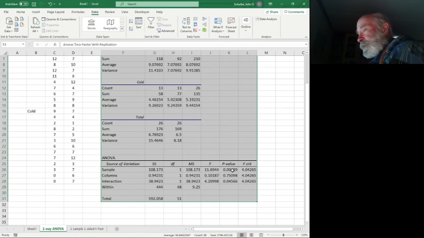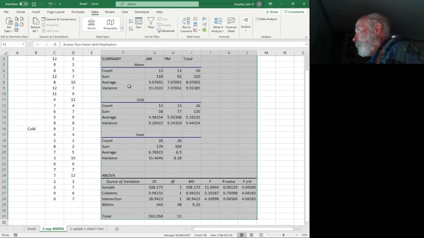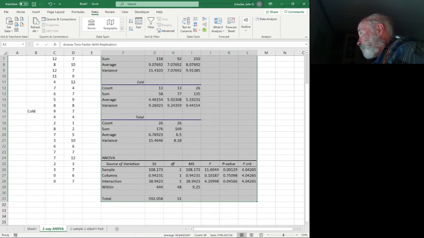The next question is, is it greater or less on a warm day versus a cold day? Well, to make that determination, you would go up here and look at these values. So average vigilance on a warm day is 8.07, average vigilance on a cold day is 5.19. So vigilance on the warm day in this sample would appear to be greater.